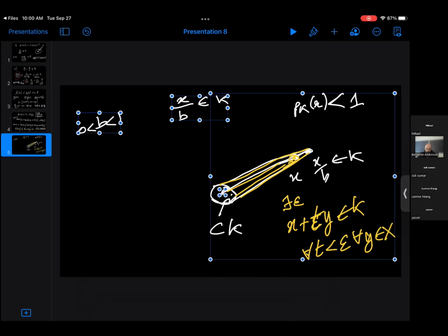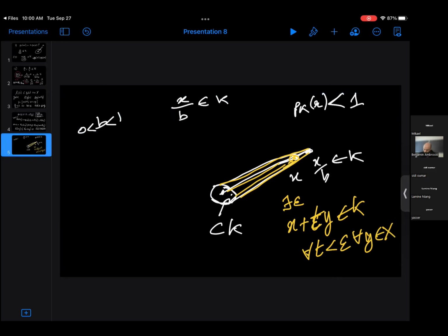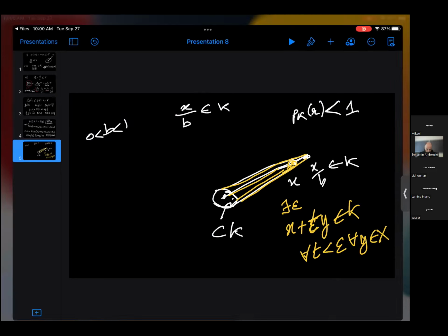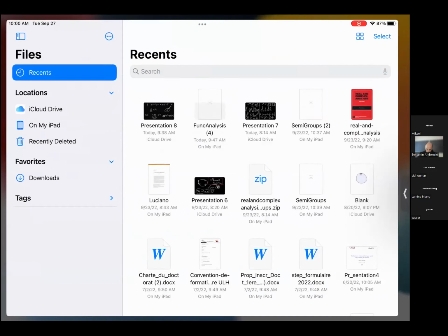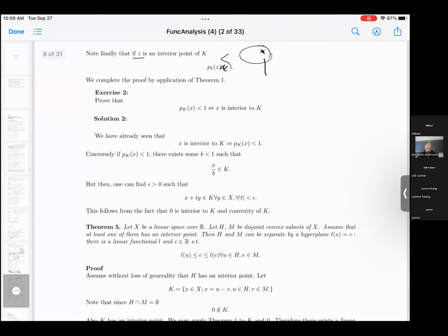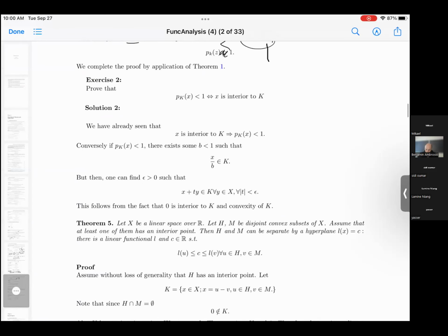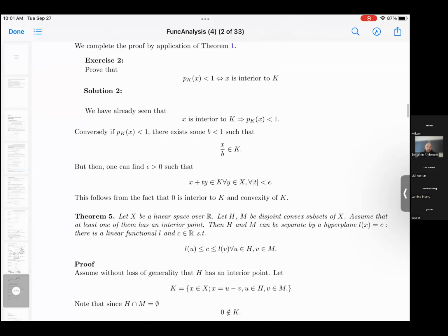All right, let's come back to this. All right, so now we will end the session with this theorem 5.